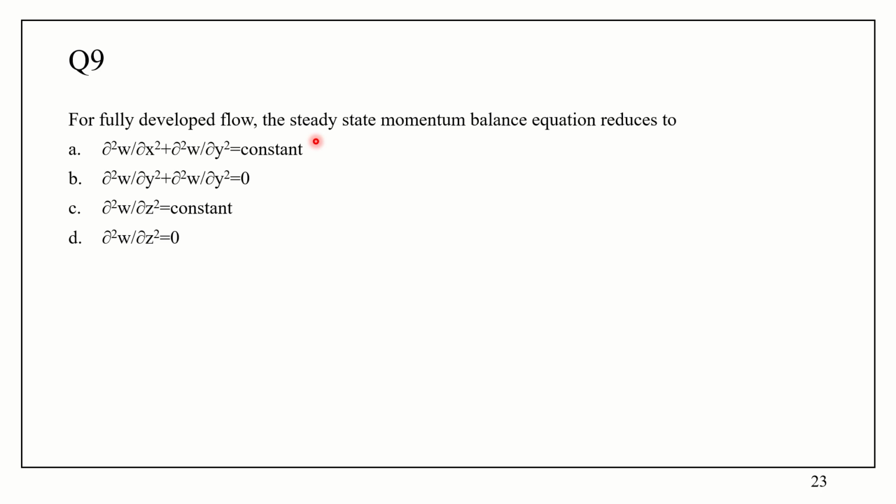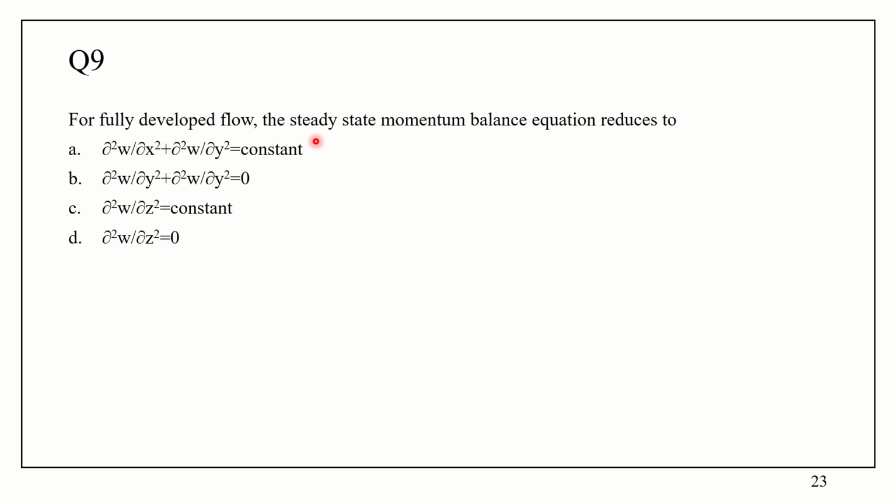I'll give you a clue actually. It is a fully developed flow and the flow is in the z direction, like we saw, that is in the L direction. So in the z direction what will happen? W will be a function of x and y. W will not be varying in the z direction.